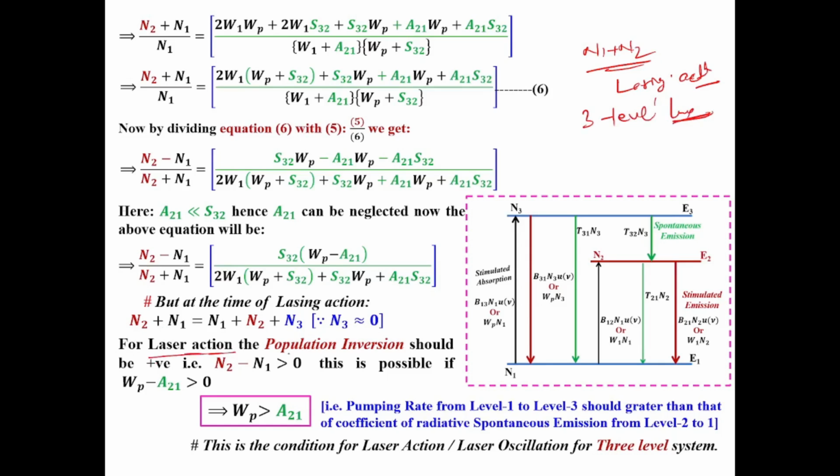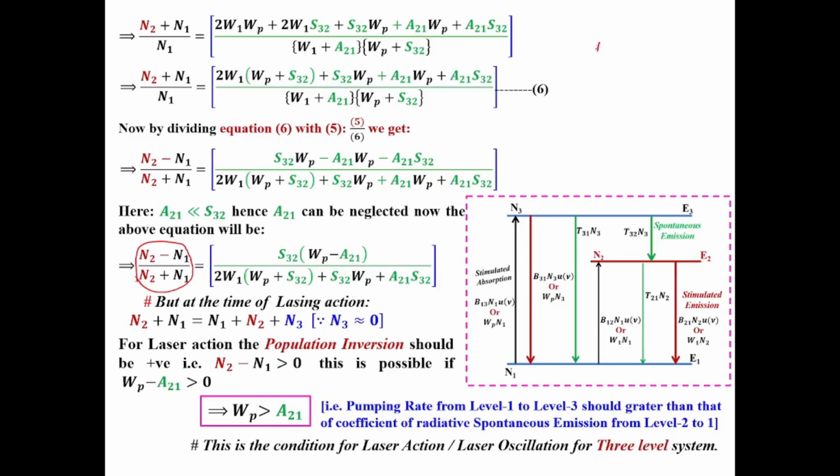So for laser action, the population inversion should be positive. Okay, that means N2 minus N1 should be positive. This is possible if this term is positive or greater than 0. So here N2 minus N1 by N2 plus N1 represents what? It represents the population inversion between N2 and N1.